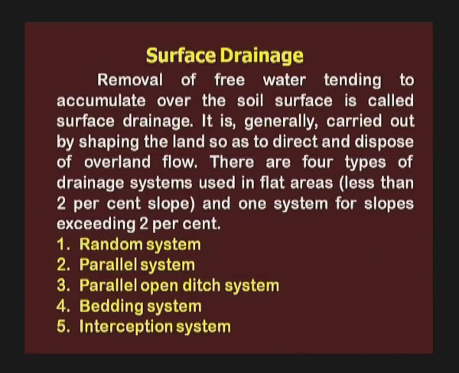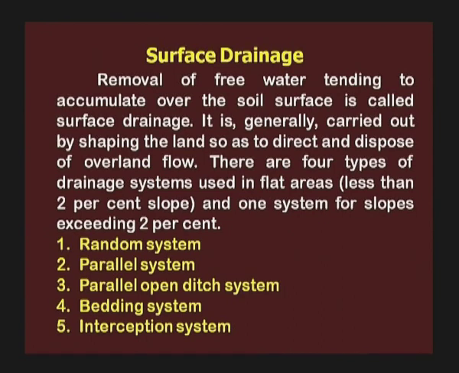Surface drainage. Removal of free water tending to accumulate over the soil surface is called surface drainage. It is generally carried out by shaping the land so as to direct and dispose of overland flow. There are 4 types of drainage systems used in flat areas having less than 2% slope, and one system for sloping areas where slope exceeds 2%.